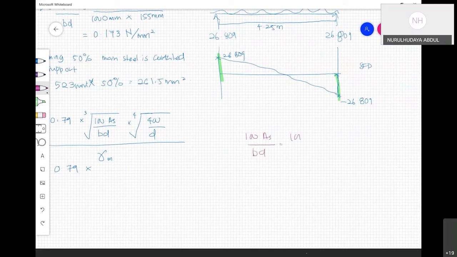Okay, jadi 100 AS kita pakai yang 50% ni, 261.5.